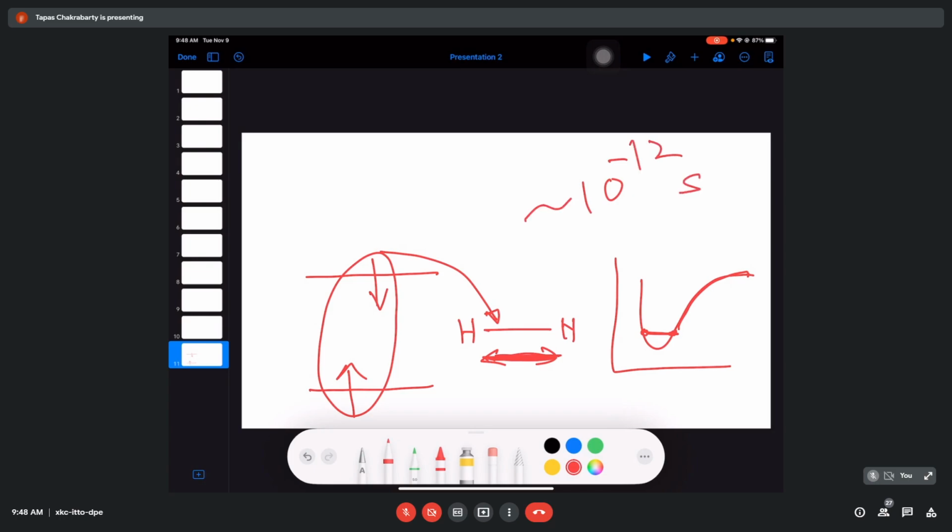So for these heavier atoms, a typical oscillation time scale is like this, and this oscillation is the primary process for bond breaking to occur. Now, if you want to beat this bond breaking channel, you must have some additional channel through which the electronic energy can be dissipated without even breaking the chemical bond.